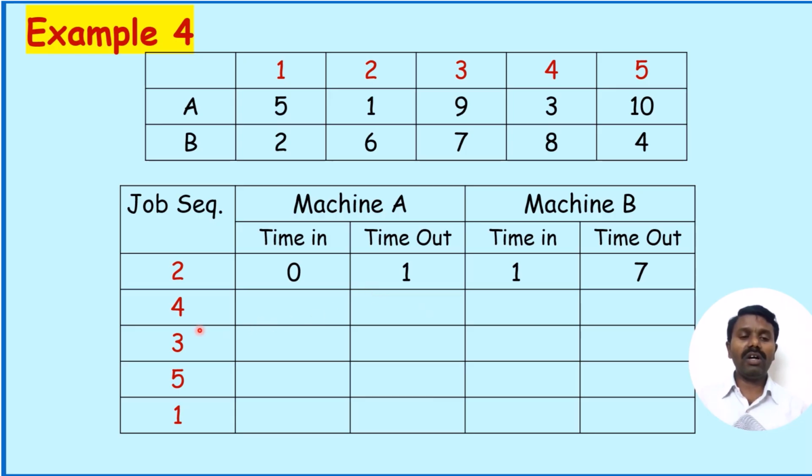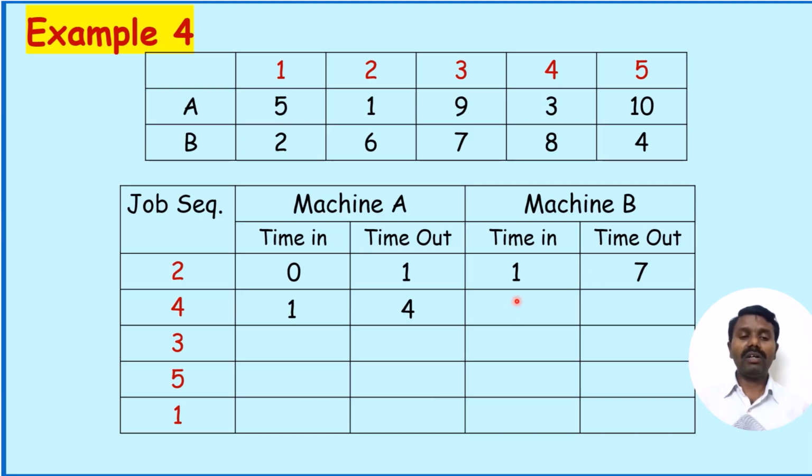Then we will go to order 4. Order 4 is taking 3 minutes as the processing time, so it is starting after 1 minute, because after 1 minute machine A is free. Then it is taking 3 minutes, 1 plus 3, it will be 4. Even though it is free after 4 minutes, it needs to wait, because machine B is working on order 2.